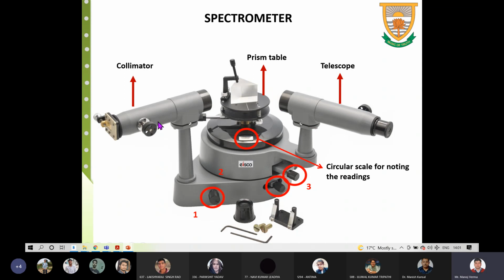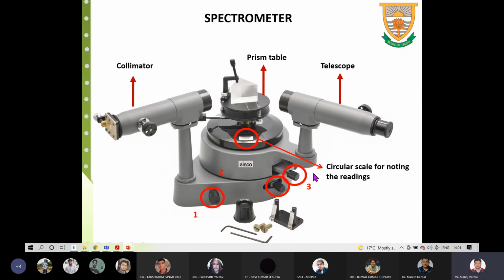When you are viewing the particular light ray, what is the angle, what is the inclination of the telescope with respect to the collimator, we can find out with the help of this scale.